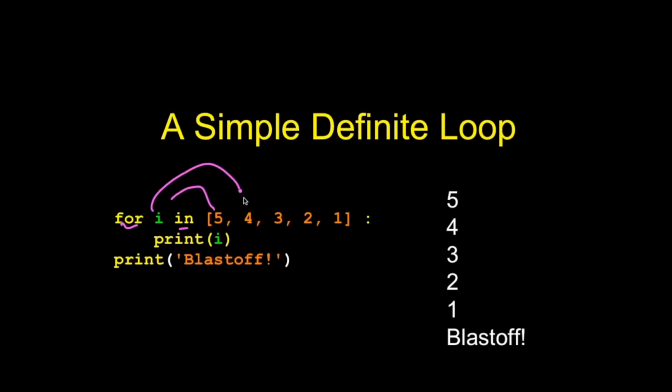Then i is going to be 4 the second time through the loop. 3rd, 2, 1. So i is going to be assigned 5 different times to 5 different values. And then the loop is going to run. It's going to run once with 5, once with 4, once with 3, once with 2, and once with 1. And so this block of code, we have contracted, say, execute it 5 times, with these values of i.